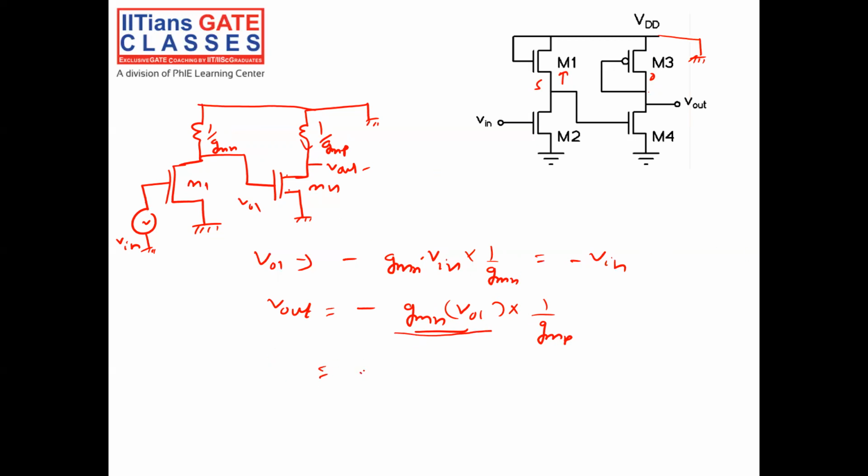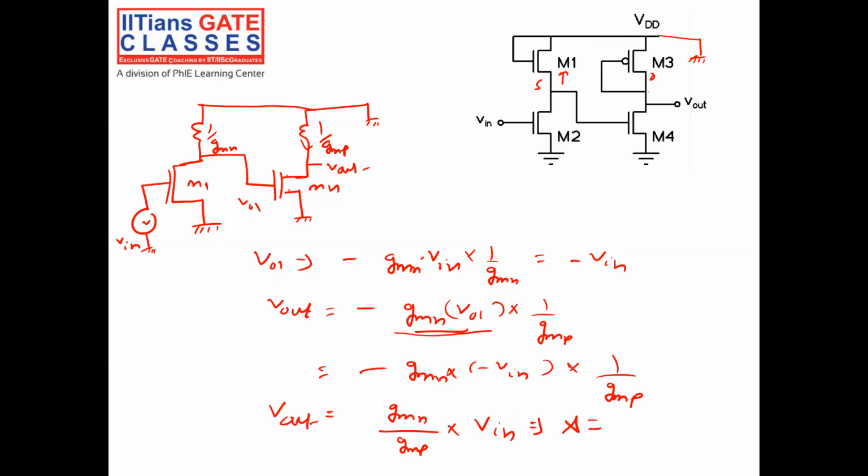V01 is nothing but minus Vn, so the minus gets cancelled. It is equal to GMN by GMP into Vin, which is my Vout. So the gain is equal to Vout by Vin, which is GMN by GMP, right?